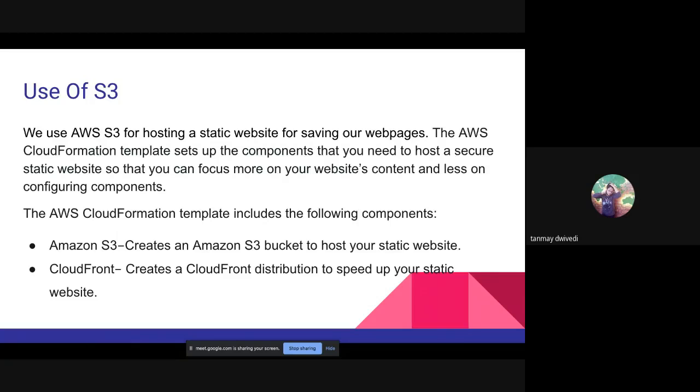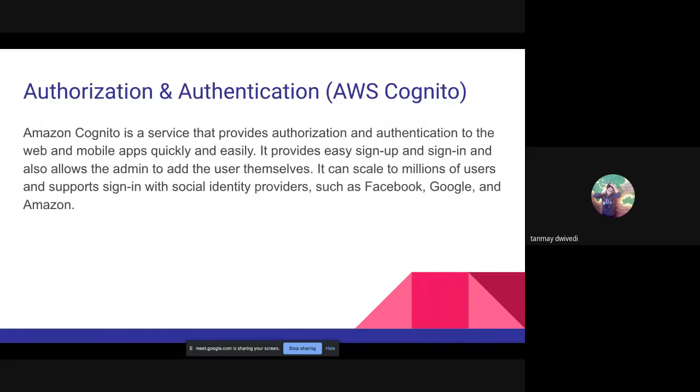So we can see how the CloudFormation template includes the following components. It includes S3, which creates an S3 bucket to host our static website, and then it includes CloudFront, which creates a CloudFront distribution to speed up a static website. So I'll hand over the presentation to Amol to carry forward.